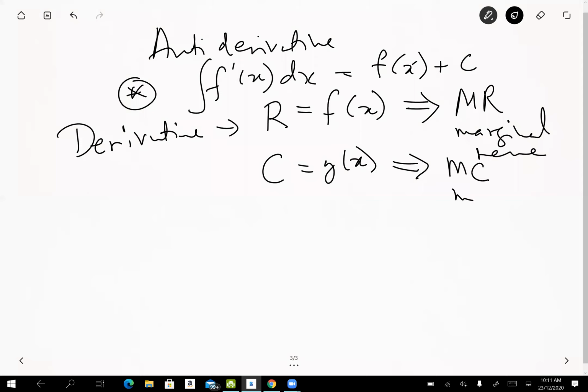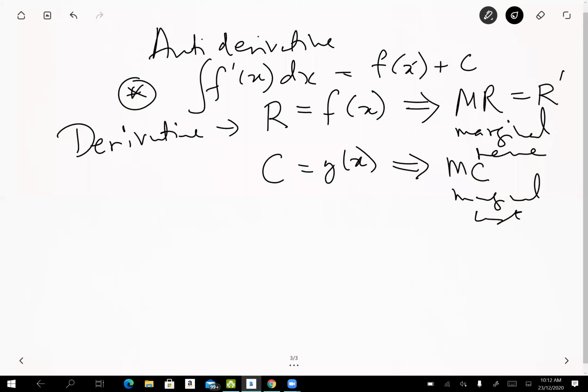The marginals use the same term. If you differentiate profit, you get marginal profit. If you differentiate consumption, you get marginal consumption. So that is the idea.